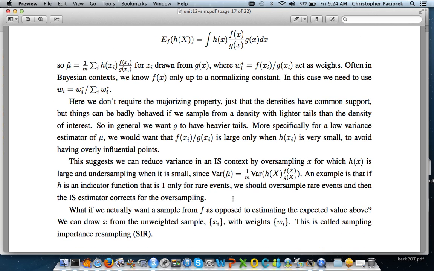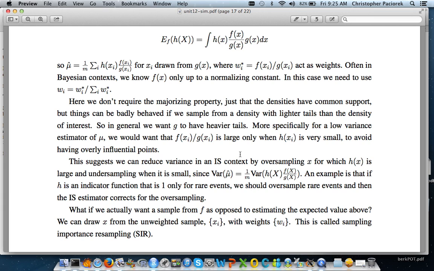Okay, the other thing I'll mention here is a cool thing that has some statistical connections, which is we can think about what we want g to look like in another sense of reducing the variance of our estimator. So I'll do this by way of an example. Suppose I wanted to estimate the probability of x being less than some value when x is drawn from f.